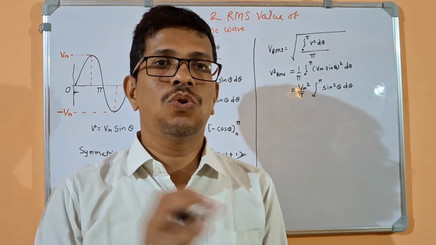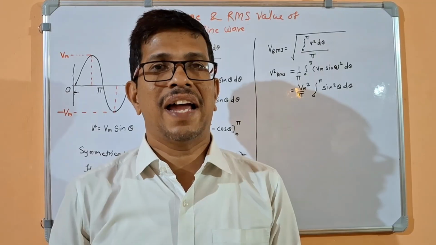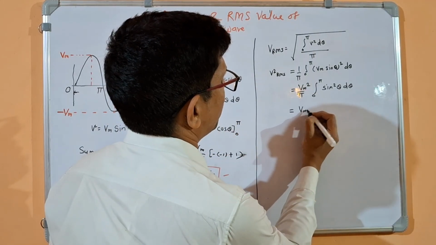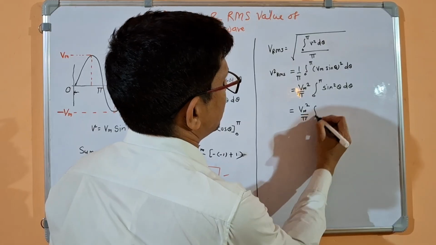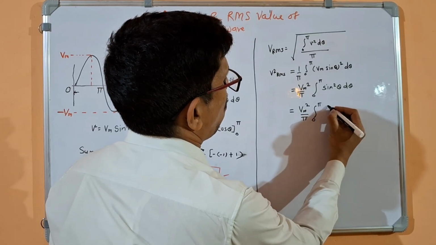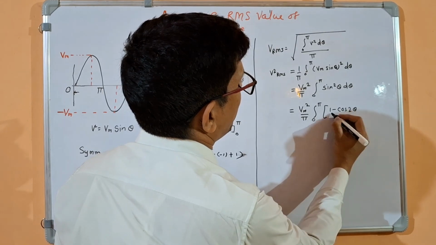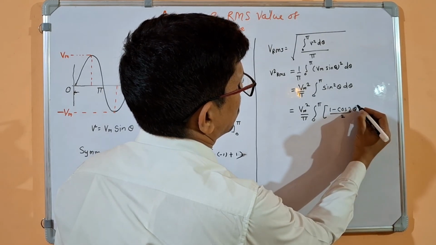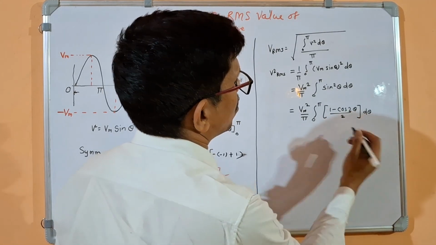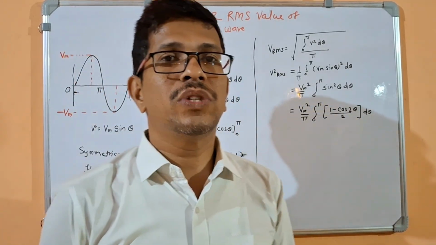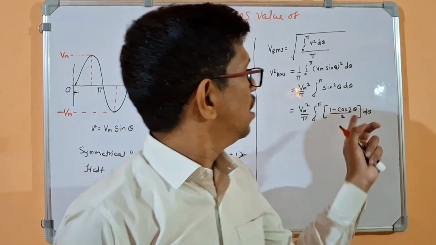That's why we have to substitute for sine square theta: Vm square by pi, integral from 0 to pi of (1 minus cos 2 theta) by 2 d theta. So sine square theta is replaced by (1 minus cos 2 theta) by 2 into d theta.